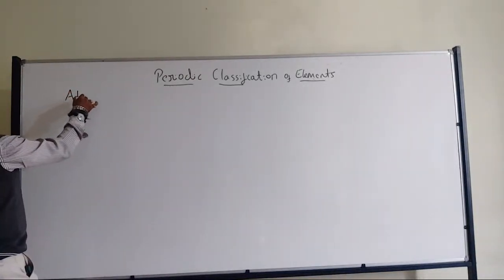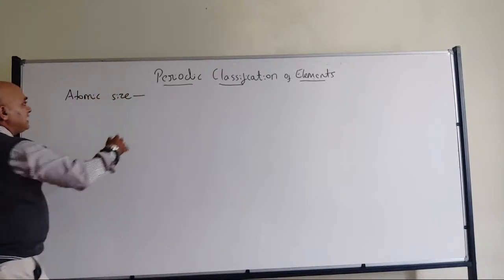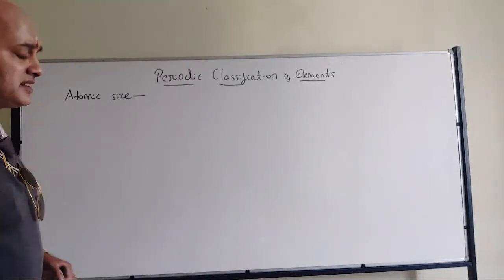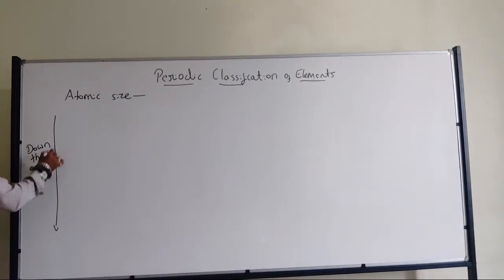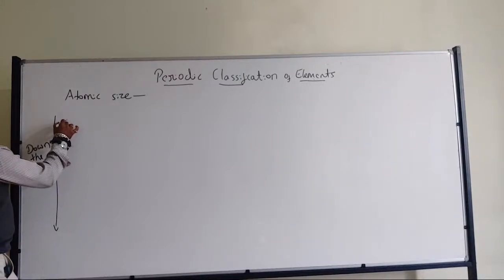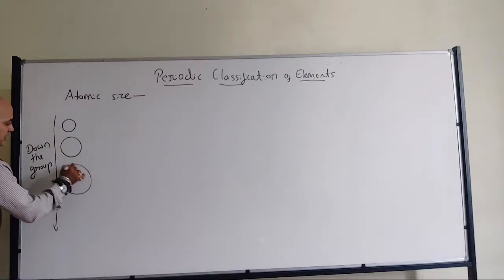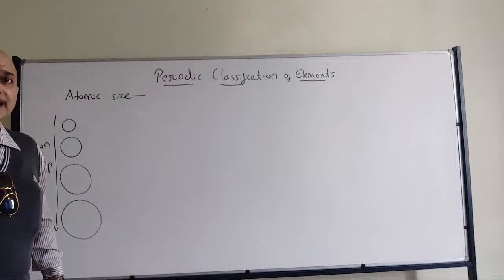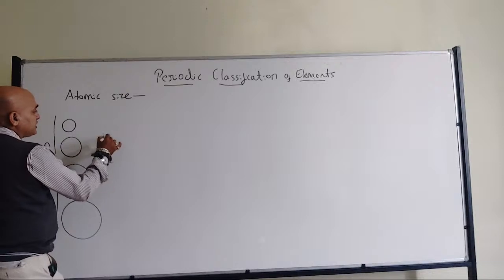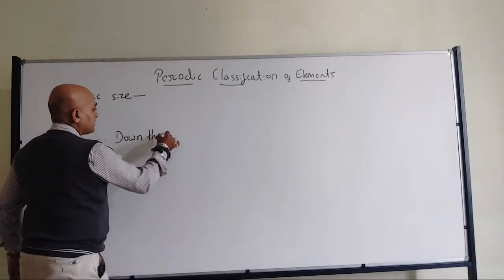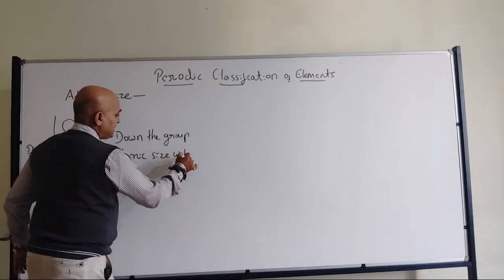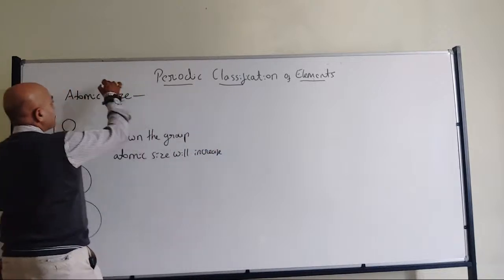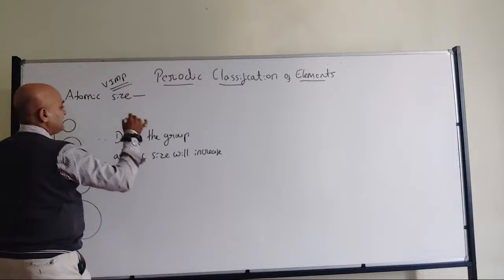Now when I am talking about atomic size, if you consider the distribution of the elements based on their atomic size, all of us know that down the group, atomic size is going to increase. This is very important.